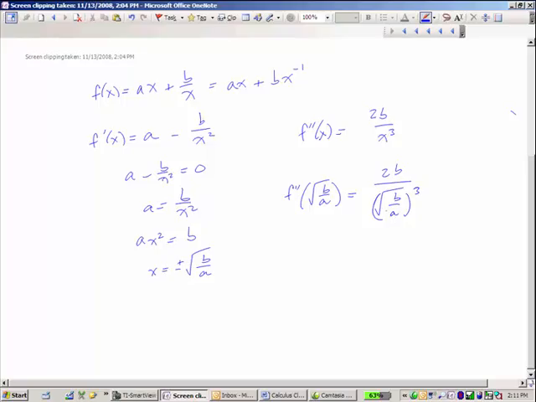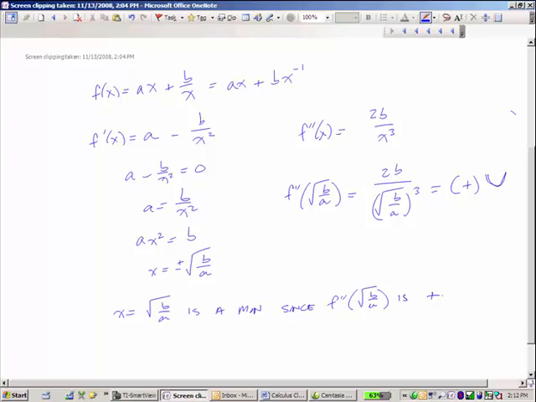Take the square root of it, positive, cube it, and b is positive, so positive divided by positive, that's going to be positive, which means right there the function is concave up. So x equals root b over a is a minimum, since the second derivative of root b over a is positive.